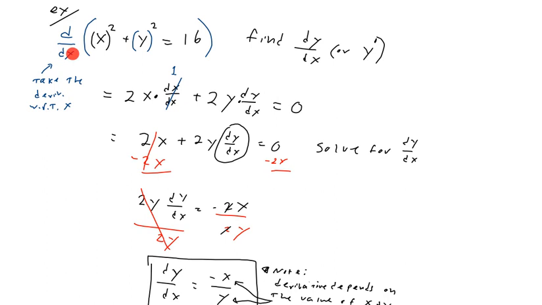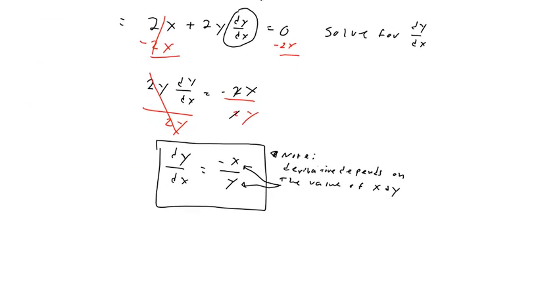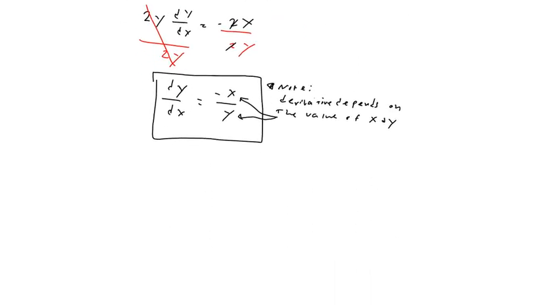So with x, it's dx over dx, which becomes a 1. With y, it's dy over dx. If it was a t or an r somewhere in here, it'd be dr over dx. I'm looking to see how whatever variable changes with respect to x. Okay, so we got this dy/dx. We got our equation, and the derivative here depends on both y and x, a unique feature of implicit differentiation.